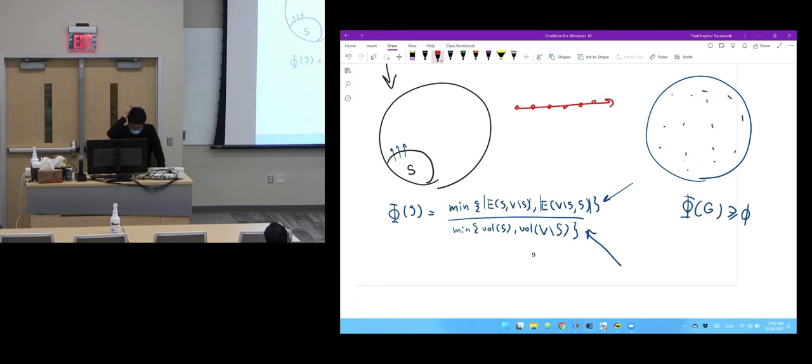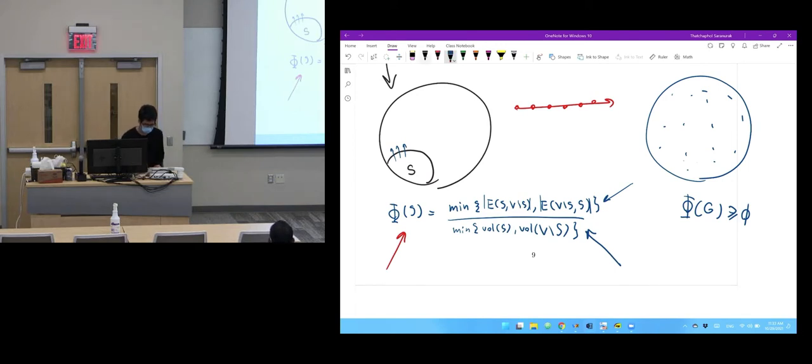What would you get from expander decomposition, if you keep finding sparse cuts with this notion?